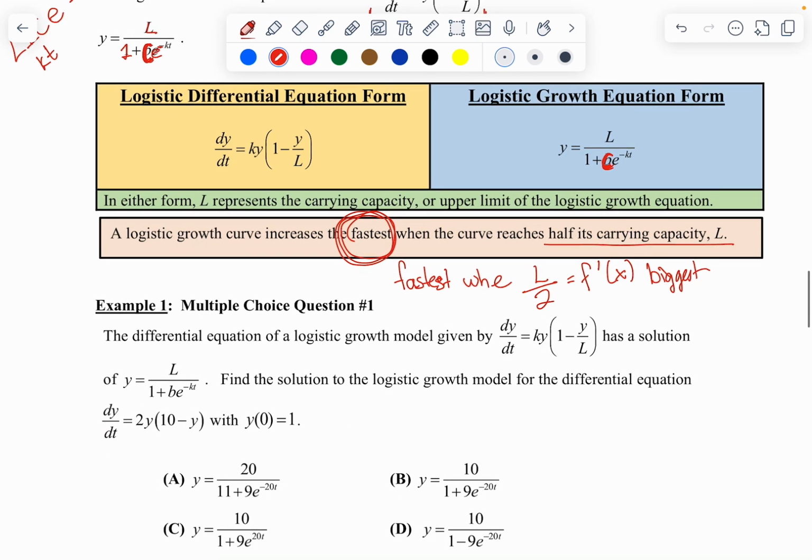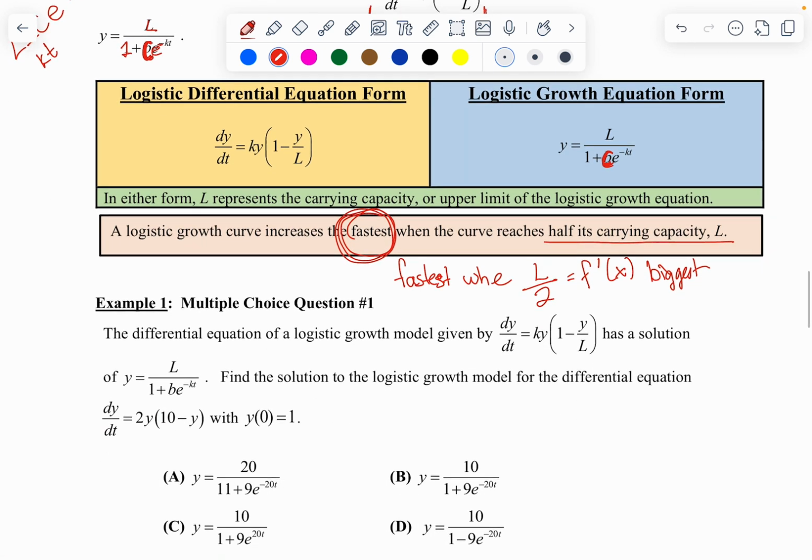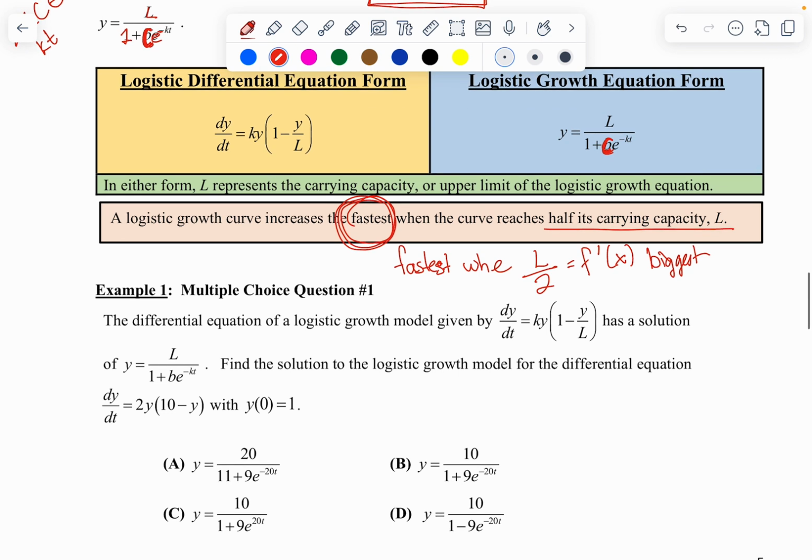So here's an example. The differential equation of the logistic growth model given by the following has this solution. Find the solution to the logistic growth model for the differential equation that looks like this. So don't let this confuse you. These two are the same.